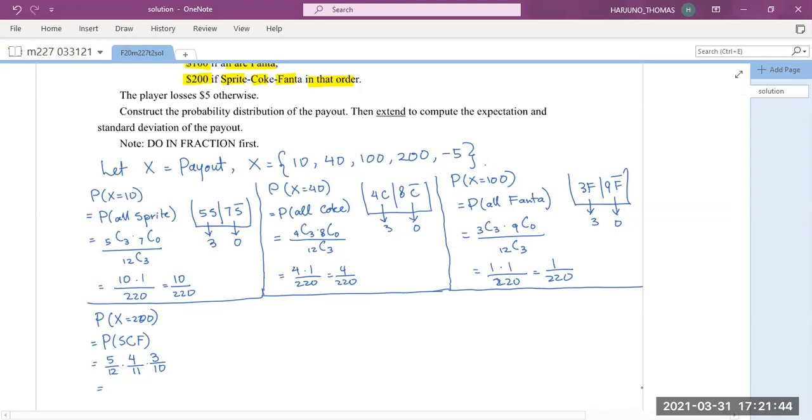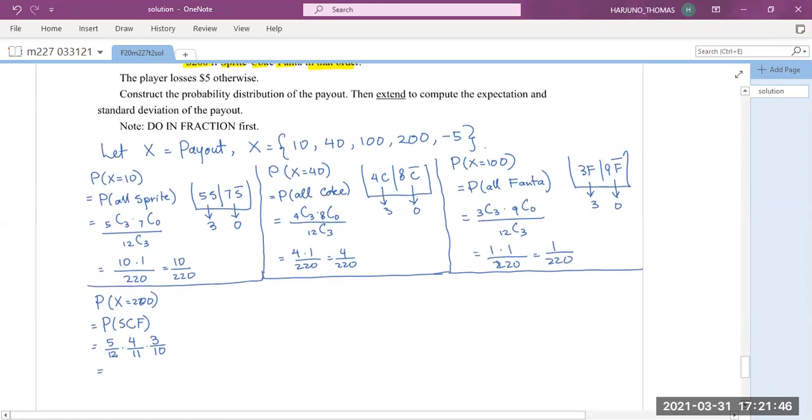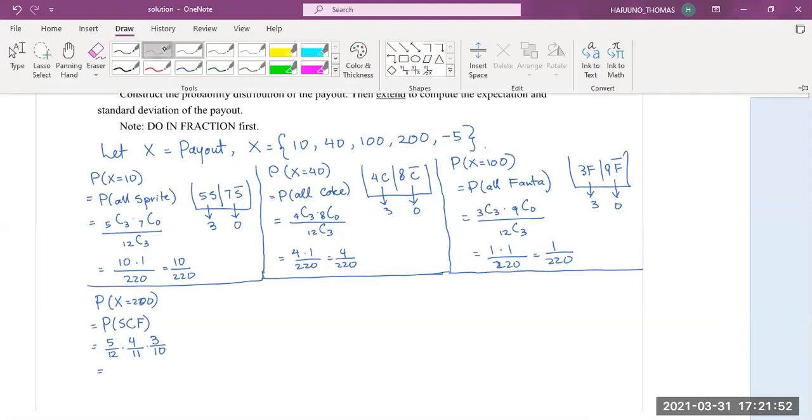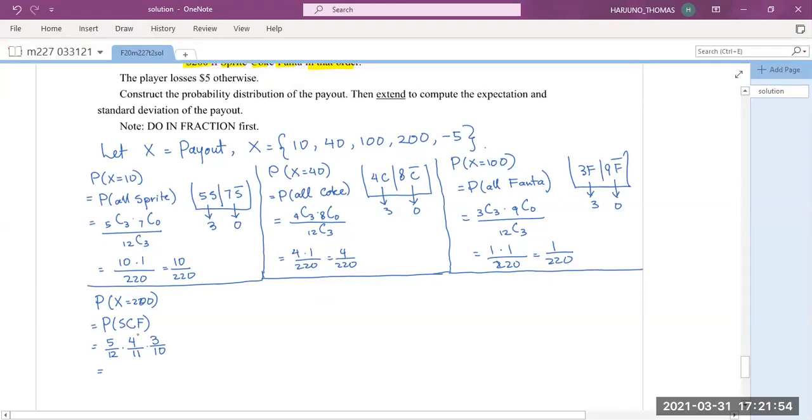Okay, so maybe I compute this first. I want to do cross cancel. This will cancel the 12, right? And I cancel this by 5, so I get 2. So I get 1 over 22. Is it okay? On the top, I get 1 times 1 times 1. And the bottom, I get 1 times 11 times 2.